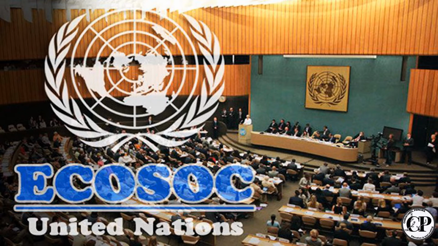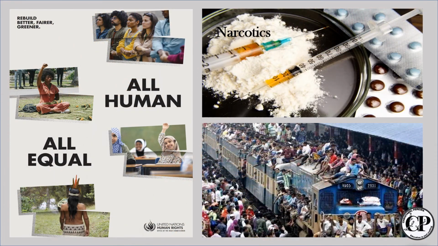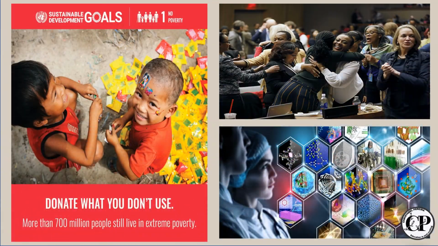Most of its work is performed in functional commissions on topics such as human rights, narcotics, population, social development, statistics, the status of women, and science and technology. Originally, it consisted of representatives from 18 countries, but the Charter was amended in 1965 and in 1974 to increase the number of members to 54.